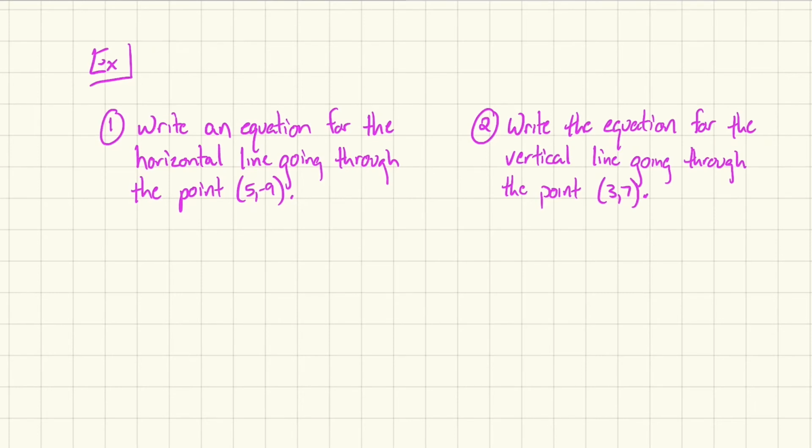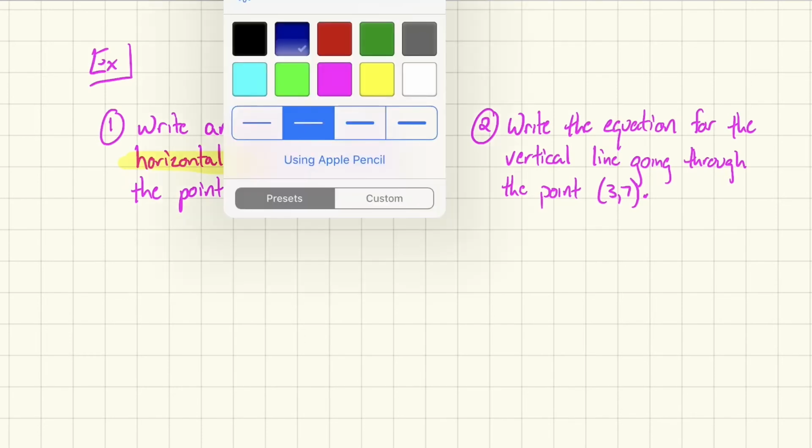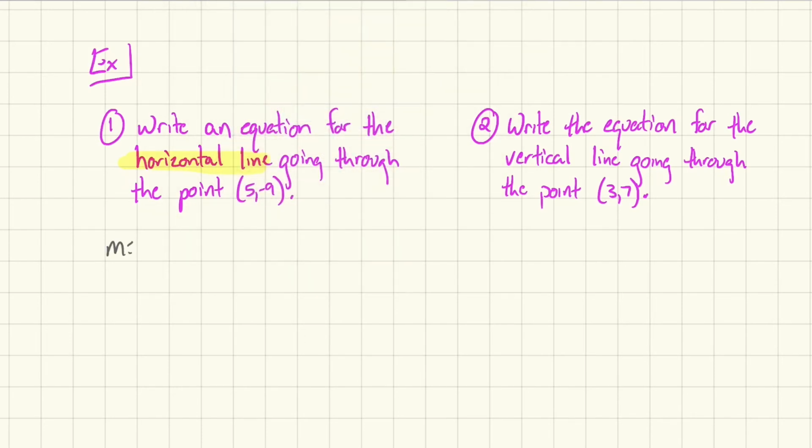All right, so the first thing it says: write an equation for the horizontal line going through the point 5, negative 9. Well, the first thing we have to pay attention to here is that they told us horizontal line. So if I'm writing an equation for a horizontal line, I know that the slope is going to be 0.